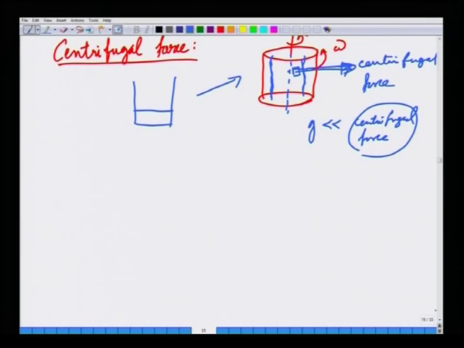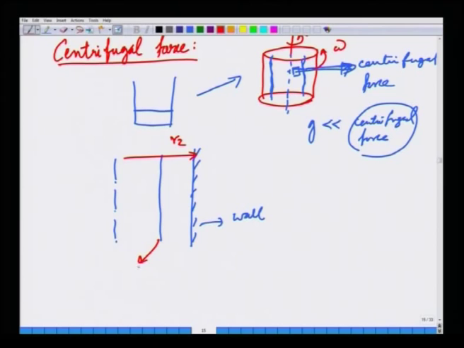Now, imagine this is the axis and this is the wall of the bowl, and let us call this radius R2, and this is the interface, this is liquid. I am just trying to blow this region up here, and let us call the radial distance of the interface from the axis R1.